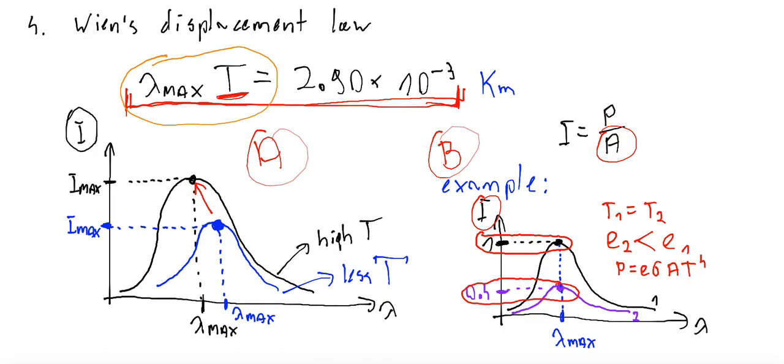So let's write example 2, and let's use Wien's displacement law and calculate the peak lambda, so lambda max for sun. So write example 2 at this point, use Wien's displacement law and find lambda max for sun.